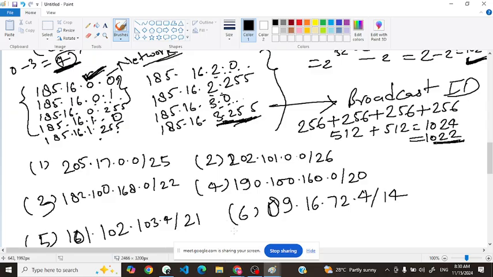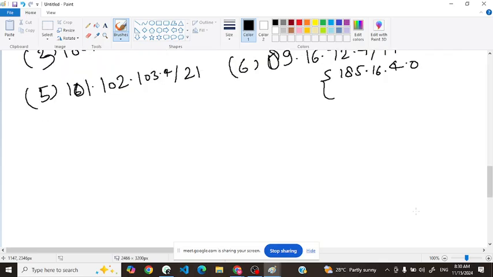And when you write the second network, it will start from here: 185.16.4.0. This will be the second network. It will go up to 185.16.7.255.